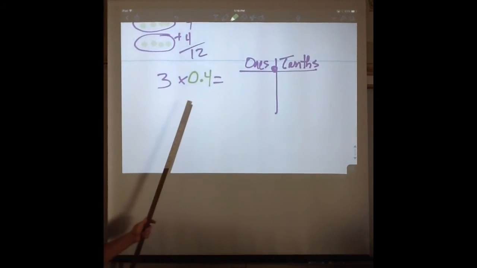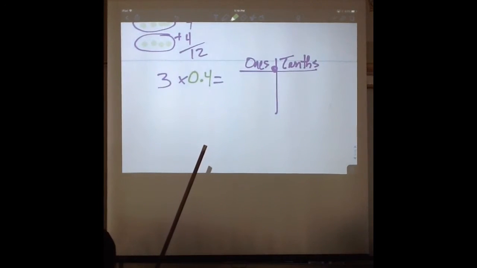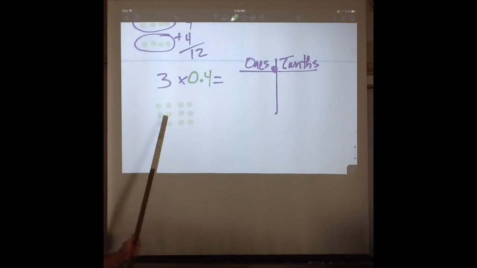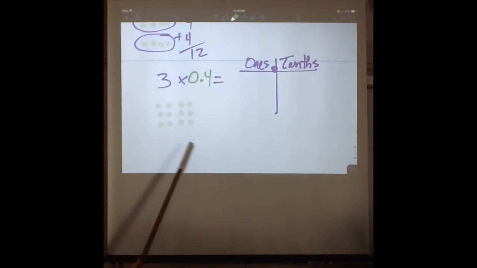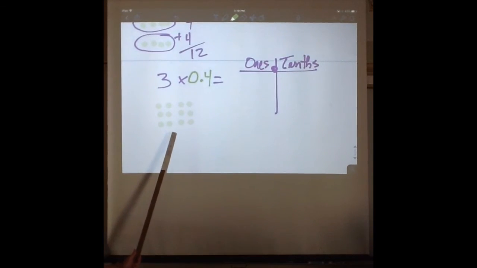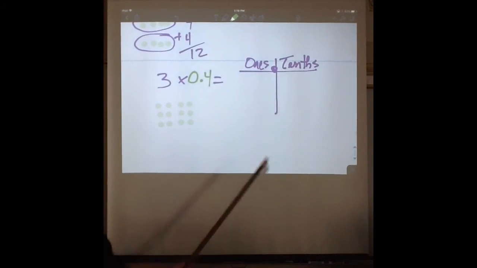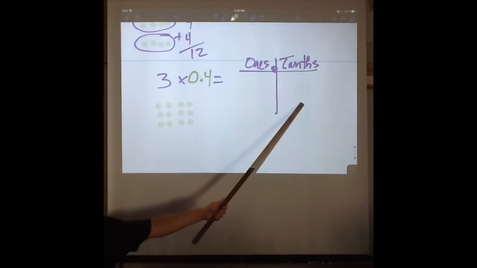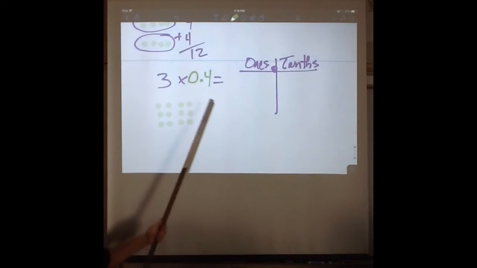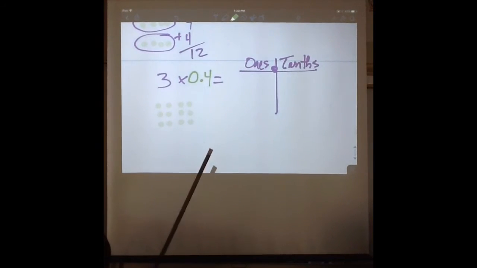But we did it like this before, right? We had 3 groups of 4. Can I take that, and where should I put it on my place value chart? Where do you think I should put it on my place value chart? In the tenths.